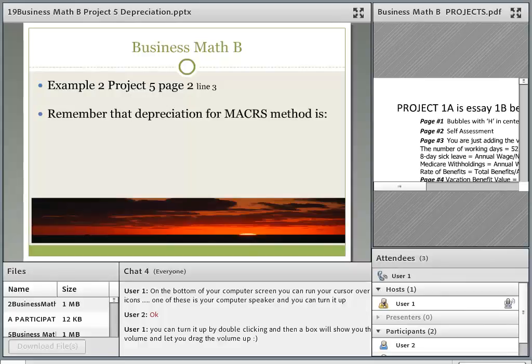Okay, on the same Project 5, same page 2, we're going to look at line 3 again, but this time we're going to look at the MACRS depreciation. Remember, this one's a little bit different in that you take an annual percentage to take off, and then you multiply the original cost by that percent.